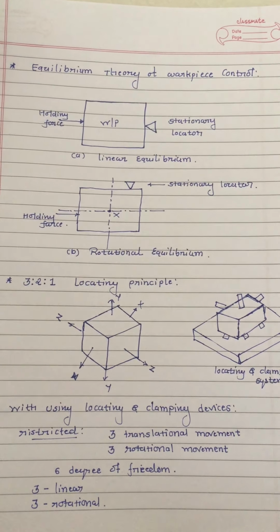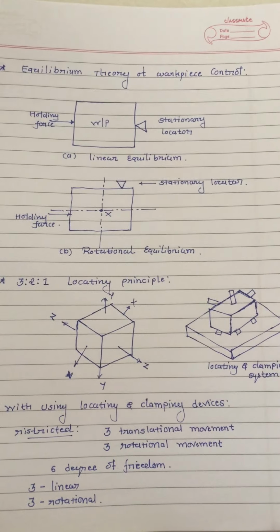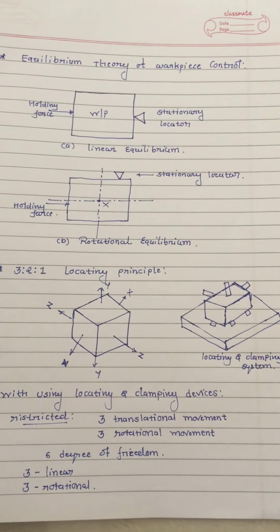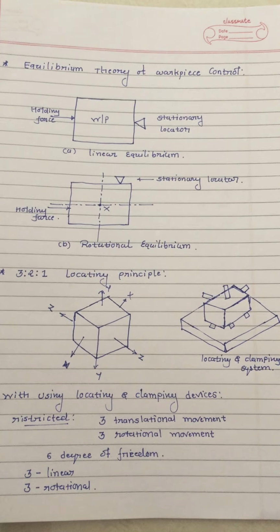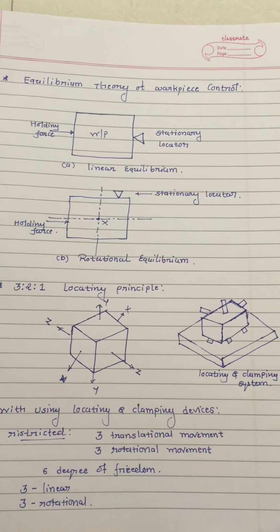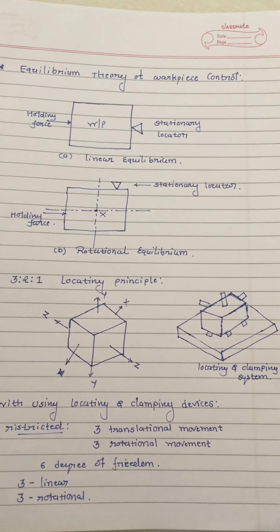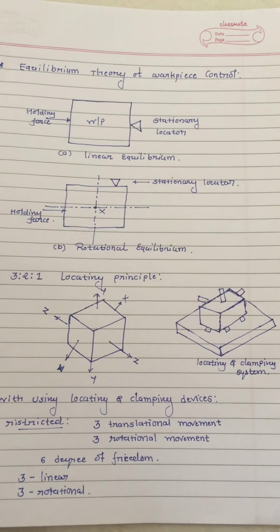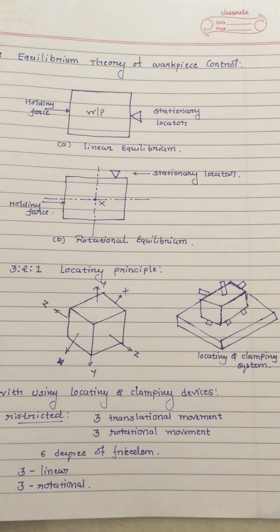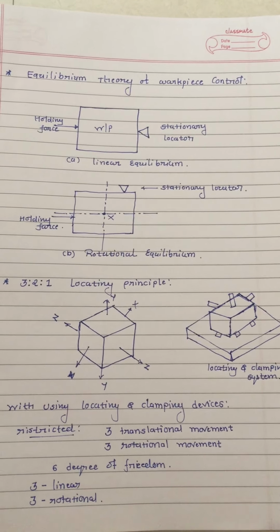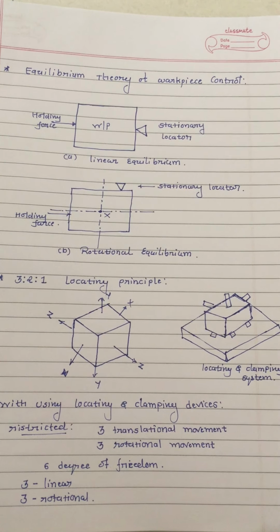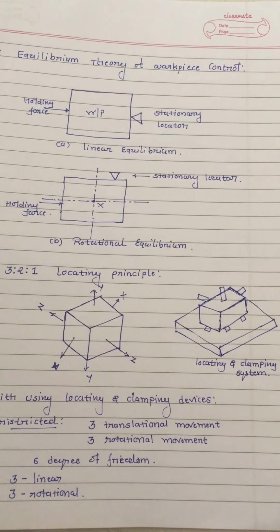These are the equilibrium theory of workpiece control, because whenever we are doing operations, there is a chance that due to improper clamping and holding, there is slight linear motion and, due to vibration, slight rotational movement of the workpiece. To overcome these difficulties, we are using different kinds of clamping devices.